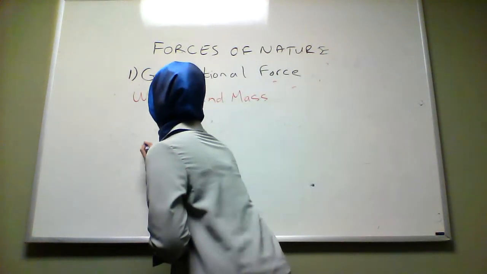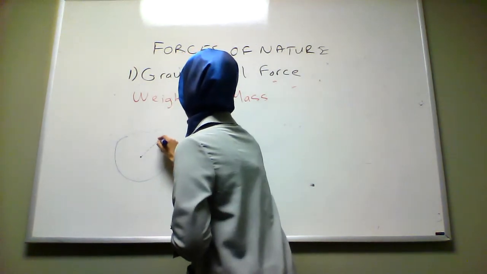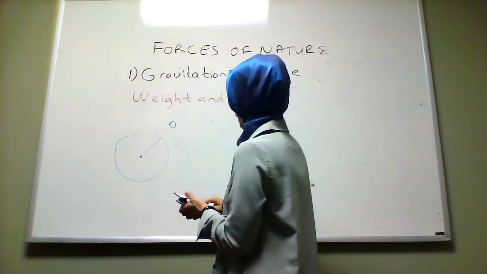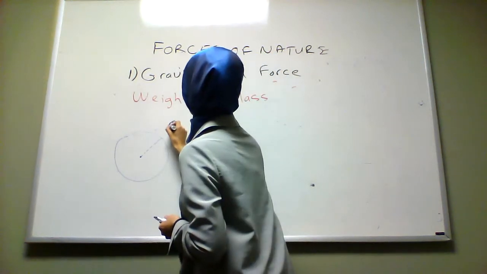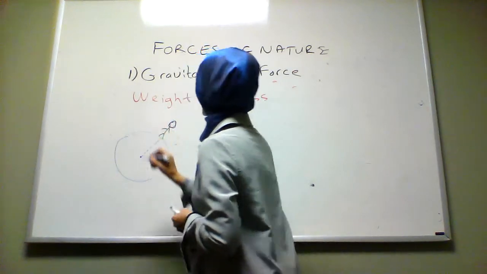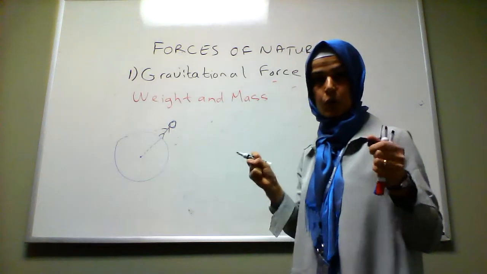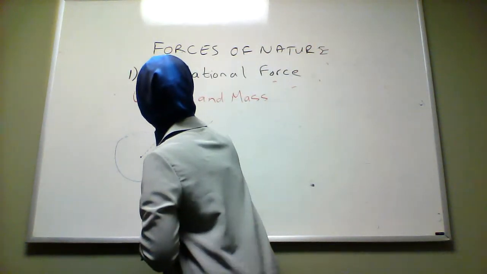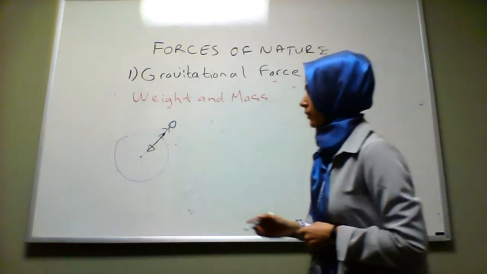Let's see, we have Earth in here, and there's a person standing on Earth. This person is pulled towards Earth with a force, which is why we are stuck to Earth, which is a very good thing. We need this gravitational force to be safe and live on Earth.